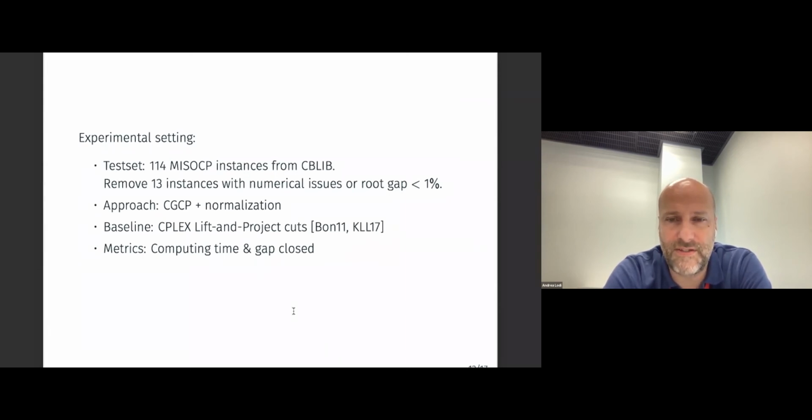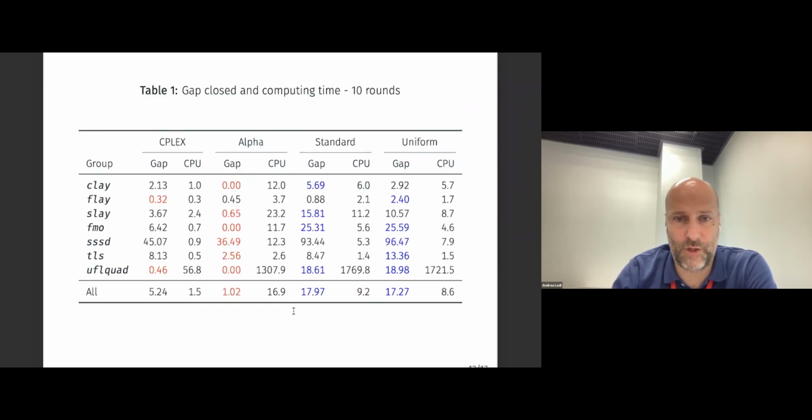So Cplex implements a combination of the approach by Bonami and by Kilinc et al. And as far as we know at this point, this is one of the best ways of comparing and seeing the differences. So the metrics are the computing time, the gap, and the gap closed.